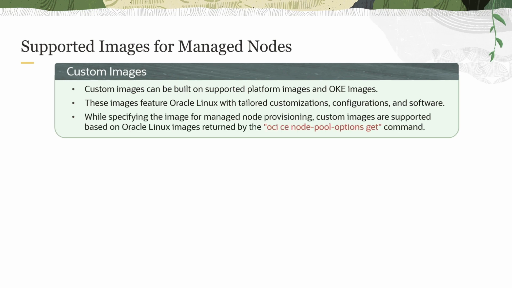When provisioning managed nodes within a node pool, you can choose to use your own custom image instead of one of the predefined Oracle Linux images. Note that Container Engine for Kubernetes only supports custom images that are based on one of the Oracle Linux images returned by the OCI ce node-pool-options get command.